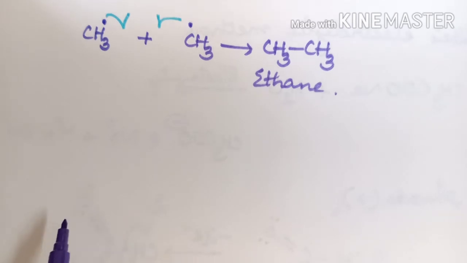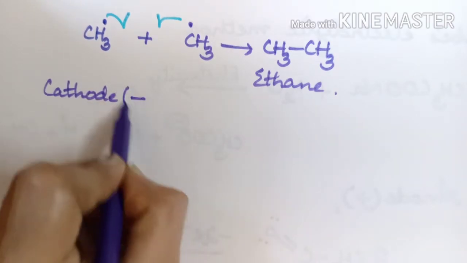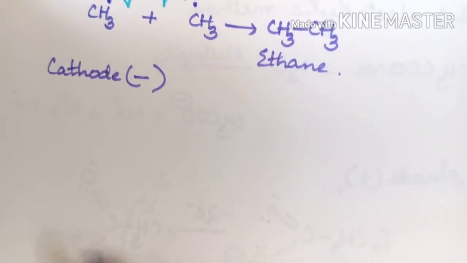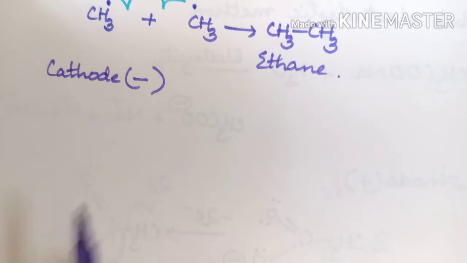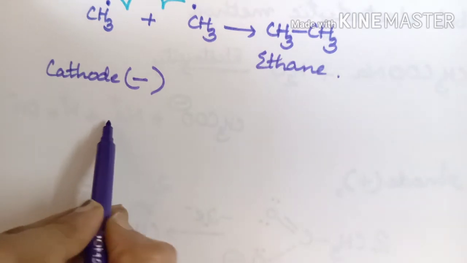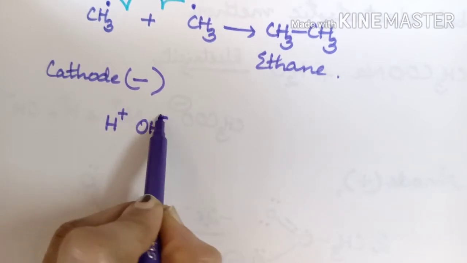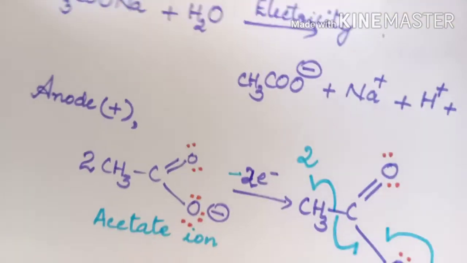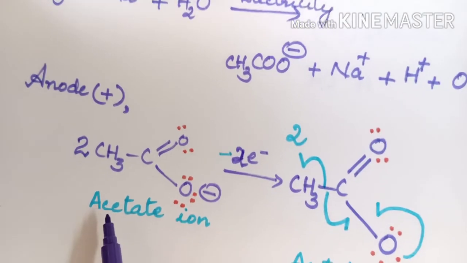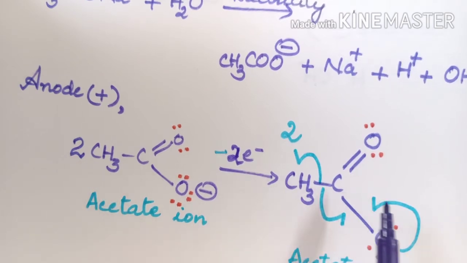At the same time, what happens at the cathode? The cathode is the negative terminal, and at the negative side the cations reach there. What do we have remaining there? We have water molecules in the form of H plus and OH negative ions. At the anode we have seen that the acetate ion loses electrons, so oxidation happens.